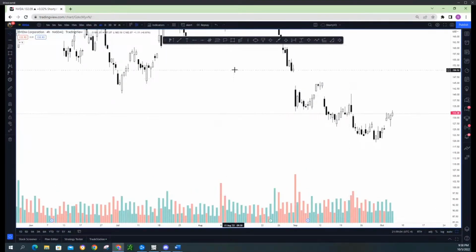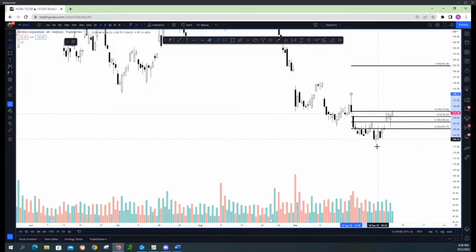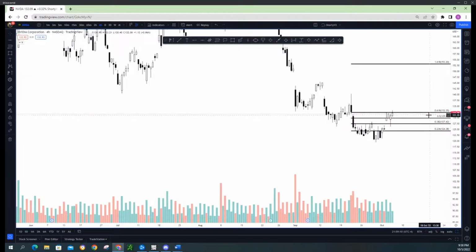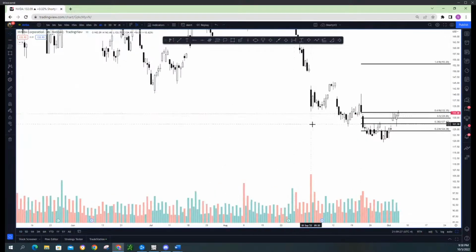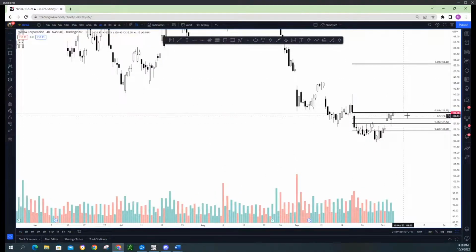So now if we grab the multiples, if I'm looking for a rejection, we're not able to get over this. So for me, when I'm trading puts, 61.8 is my favorite rejection. 61.8 is the best one for me for entering puts when we are looking for rejections like this. 61.8 is usually right on.